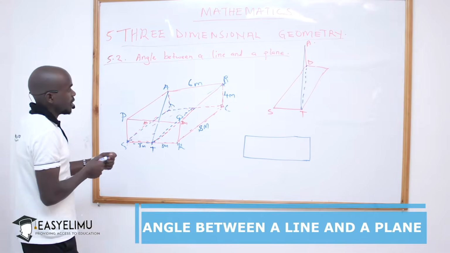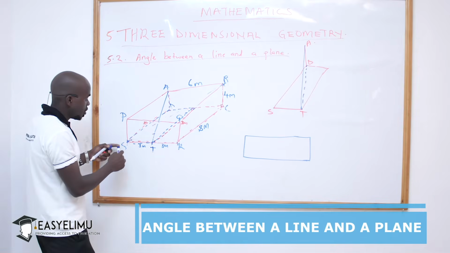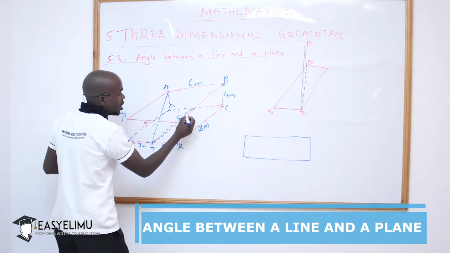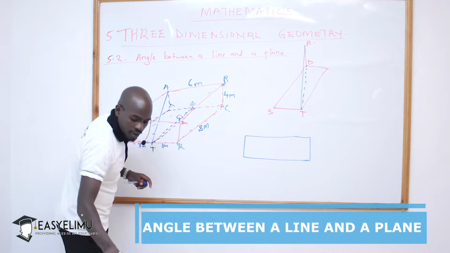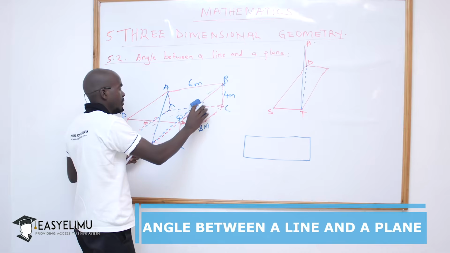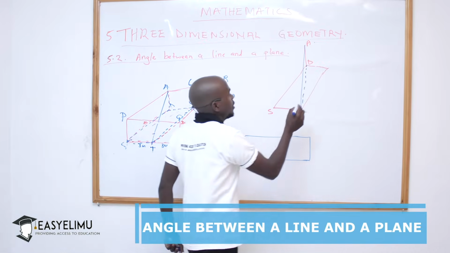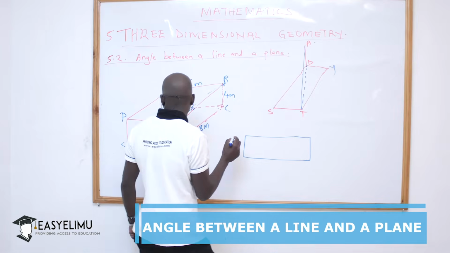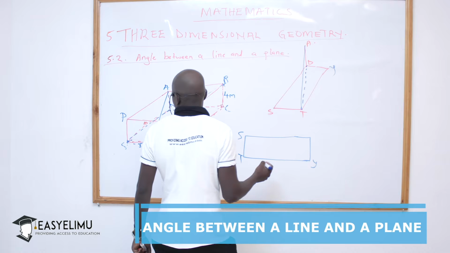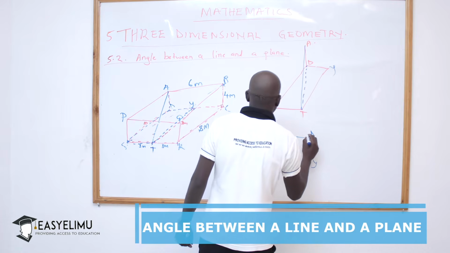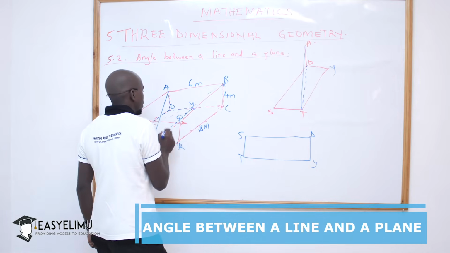So if that is our rectangle ST, let's give another point which is not here, say Y. Let's call this part Y. So it will be ST, Y, then D to this point.